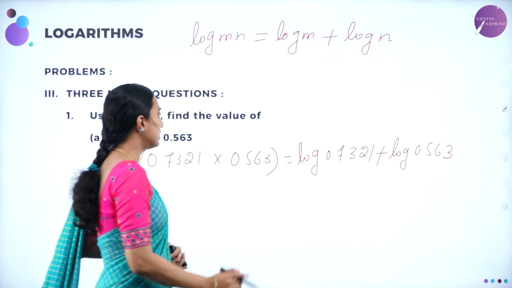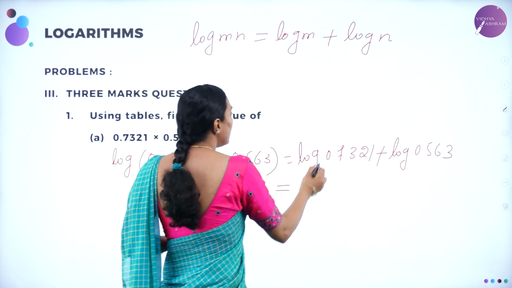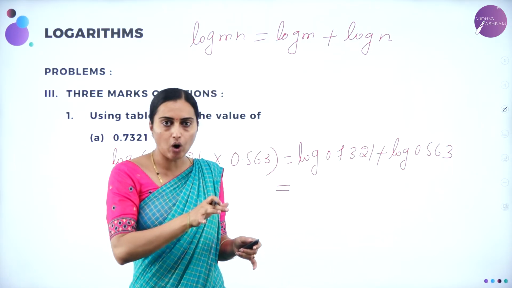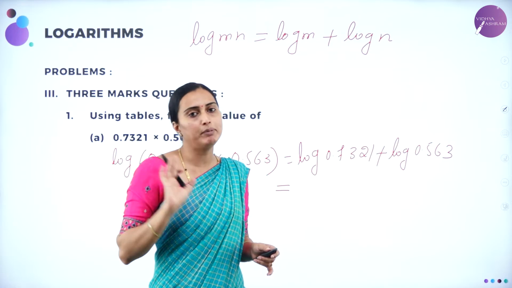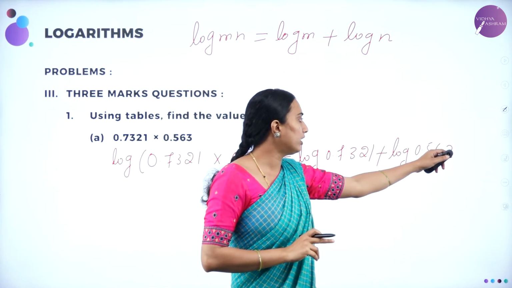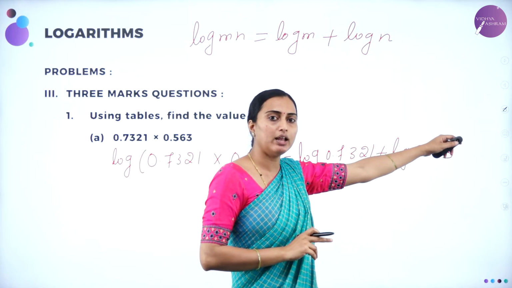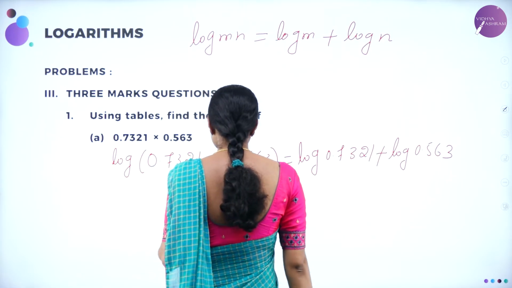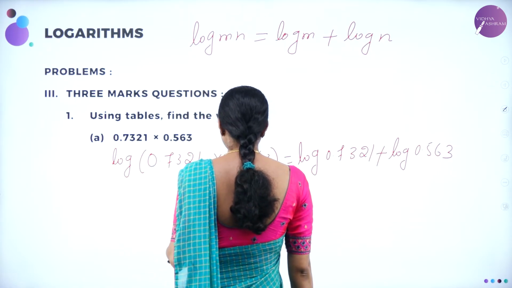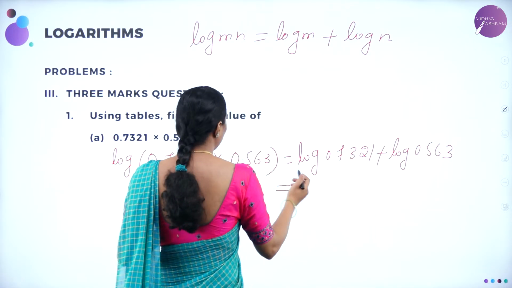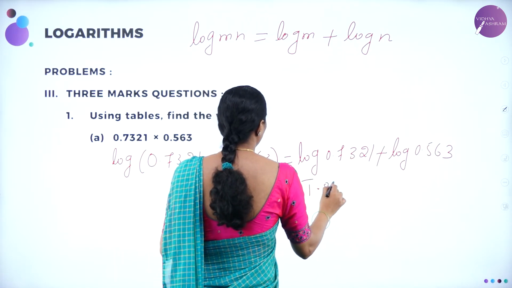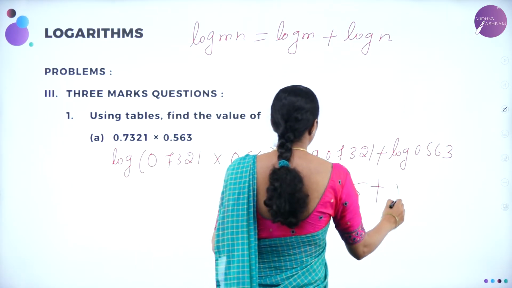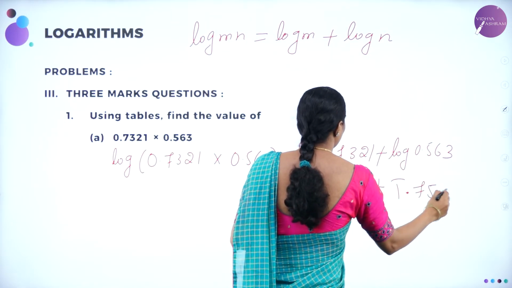So therefore, by finding the value, what you need to consider: only 7321, 73 row and second column, 1 is the mean difference. Here also you have 5 row, 6 is the column, 3 is the mean difference. So according to that, log of 0.7321 will be equal to 1 bar 0.8465 plus 1 bar 0.7505.